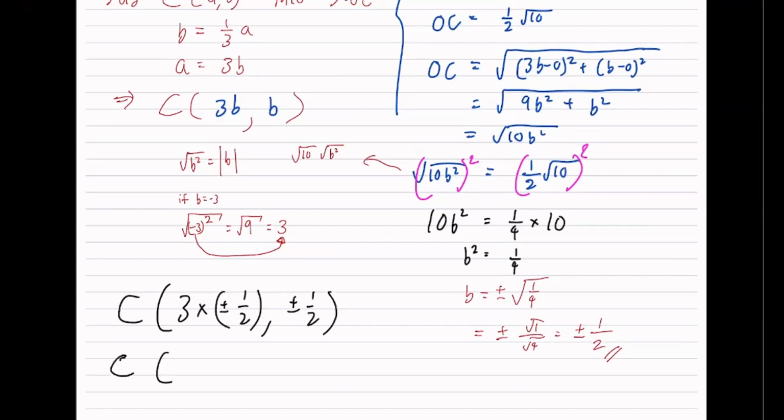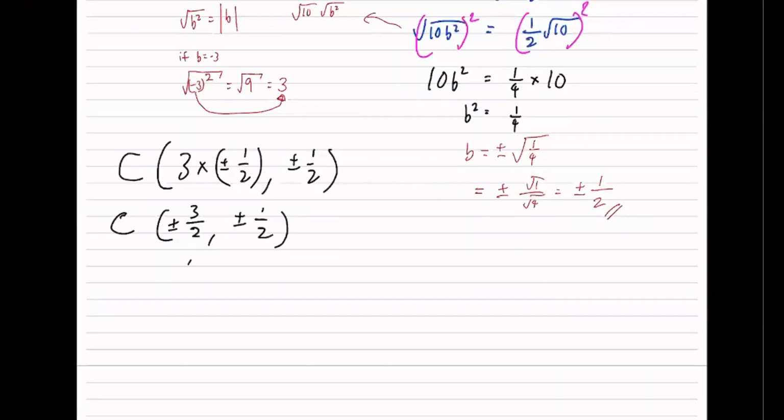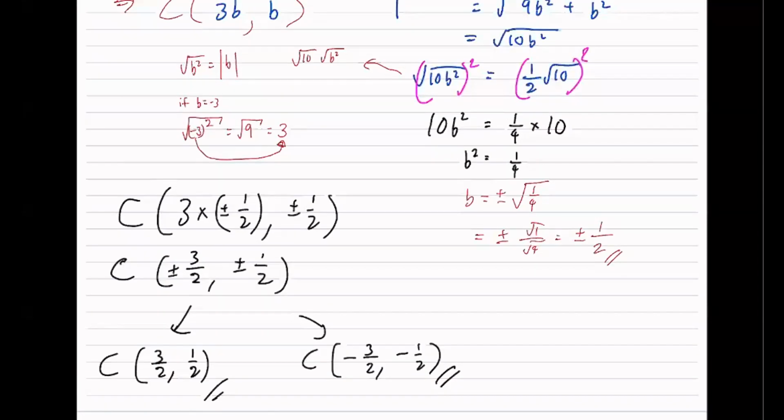To be more precise, C is (3/2, 1/2) or C is (-3/2, -1/2).